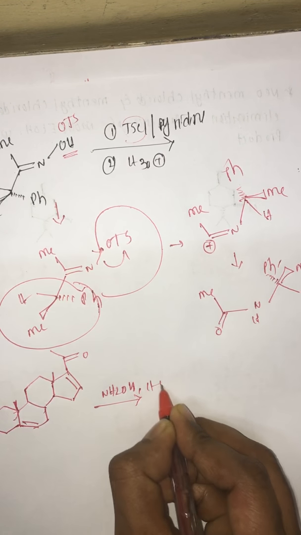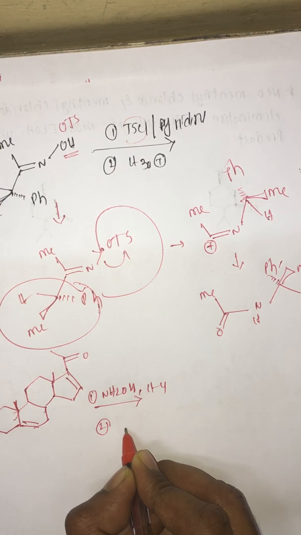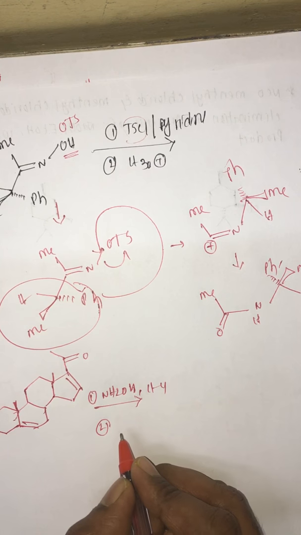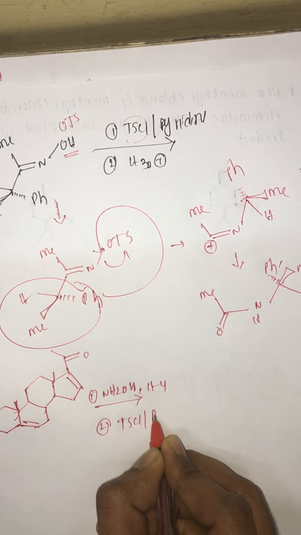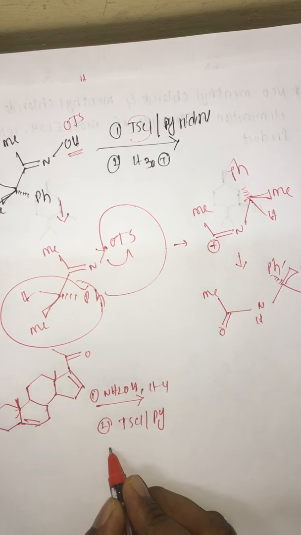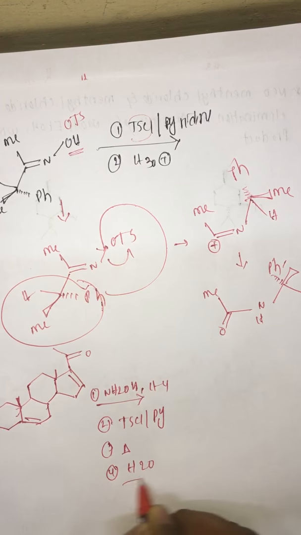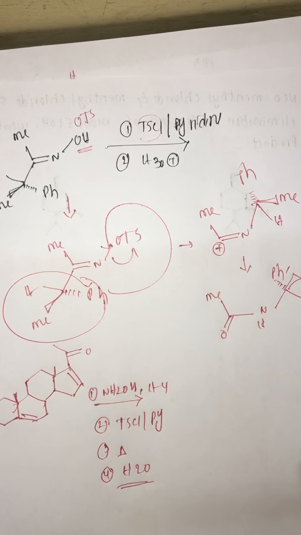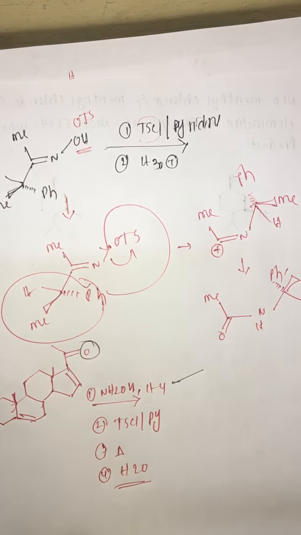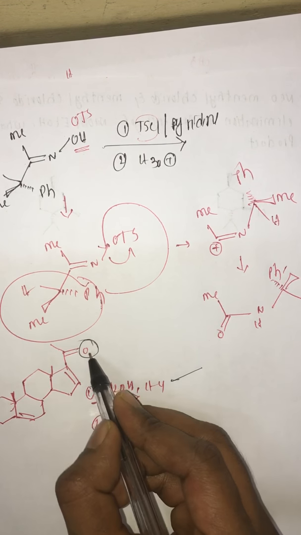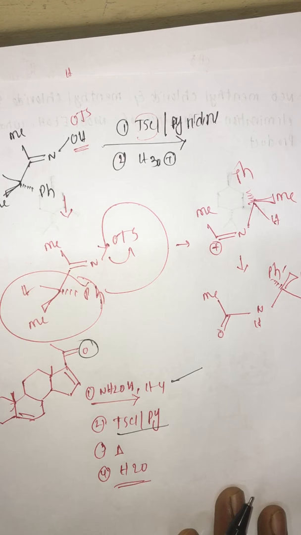In the presence of HCl, this is the first step, and in the second step we have tosyl chloride in the presence of pyridine, the third step is heating, and the fourth step is water. In the first step we know that an oxime will form, and in the next step the oxime will get converted into OTs, right?